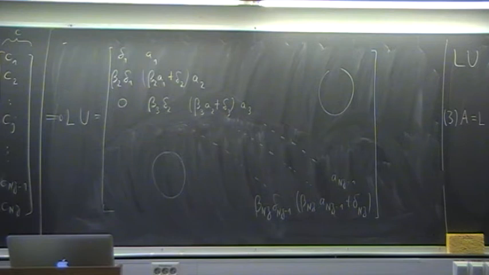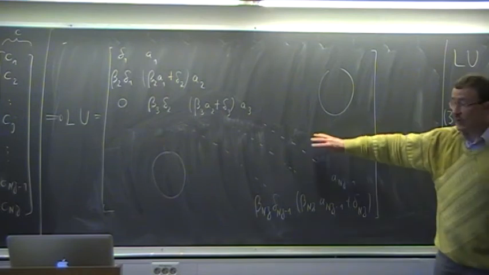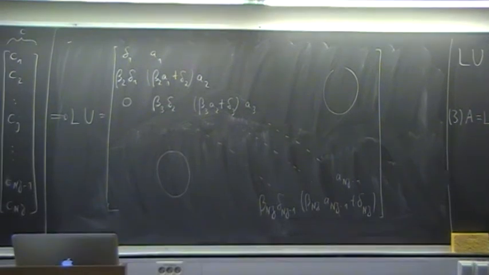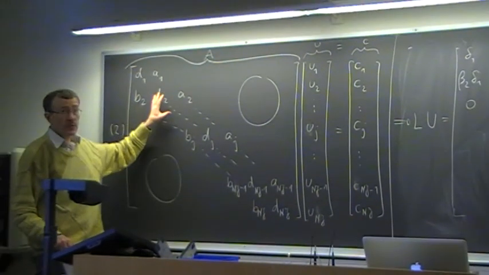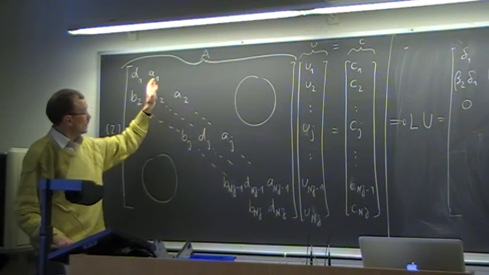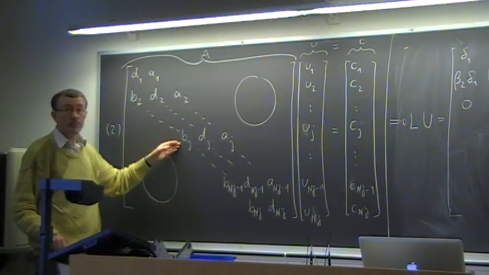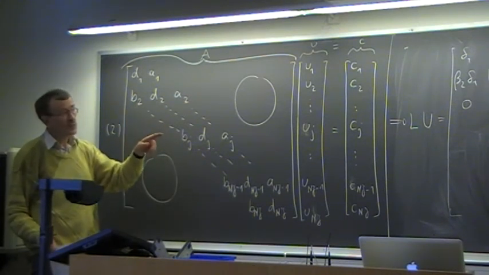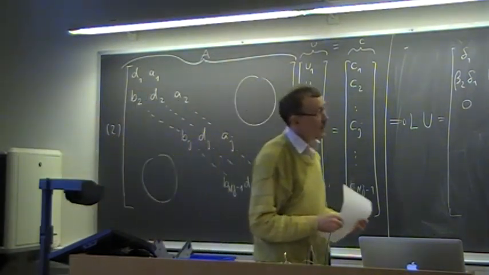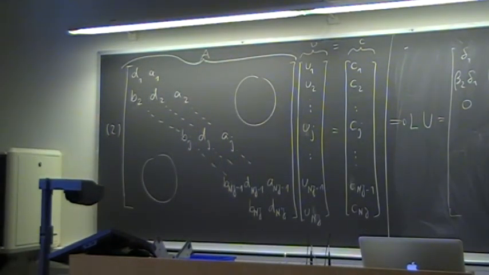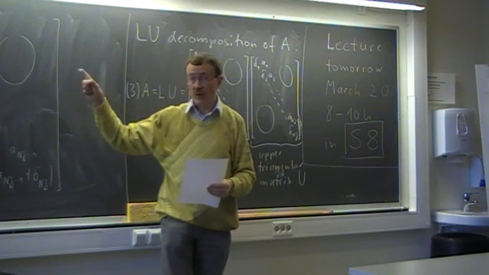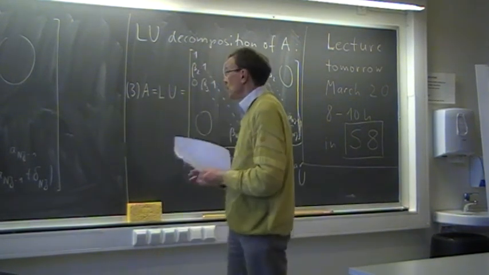And now, when we have this, we can equate what we have here, the LU, with the original matrix that we started on. So, of course, what is given is the matrix A, with diagonal D, upper diagonal A, lower diagonal B. What we want to determine is the betas and the deltas in the L, the lower triangular matrix, the beta, and the upper triangular matrix, U, the delta. And this equating gives us then the chance to do that.